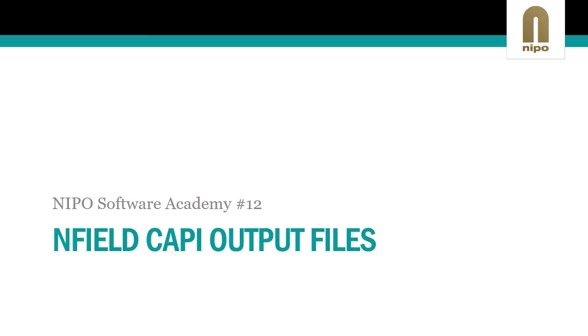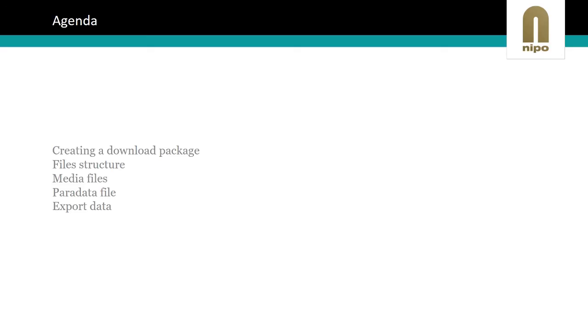Let's see the agenda. Here it is. We will see how you create the download package, really simple. Then the files that you get in that package, file structures, the media files, and Paradata.